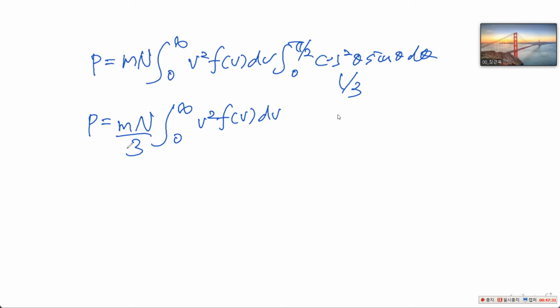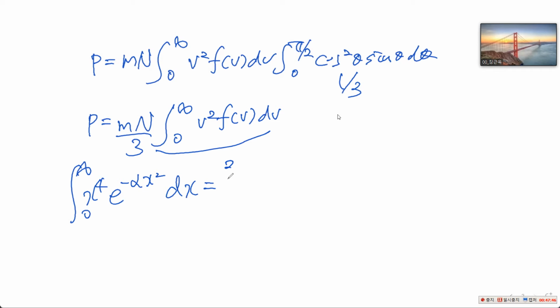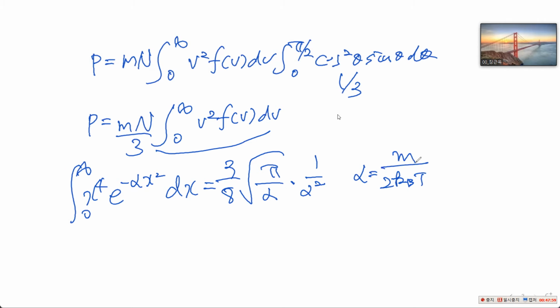Okay. Now we can calculate here. To calculate this, first of all, we use those results: three divided by 8, alpha pi, alpha squared, where alpha is 2 kBT over m, divided by 2 kBT.